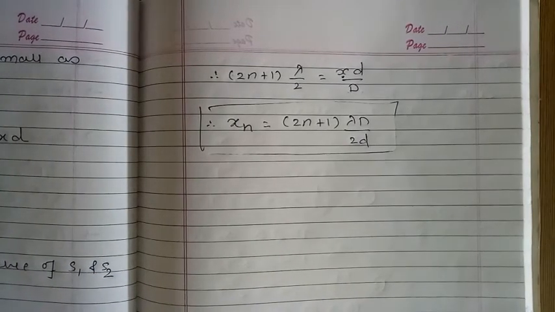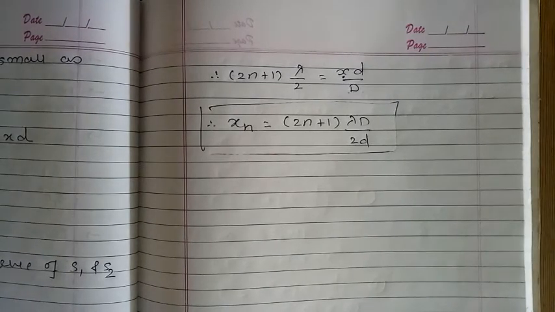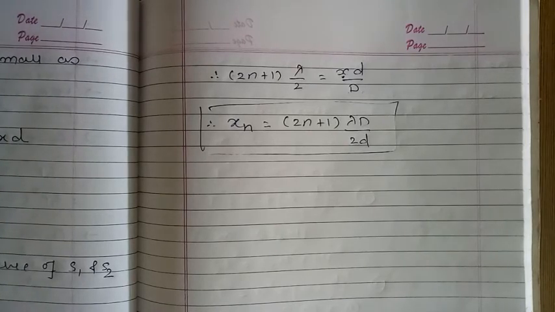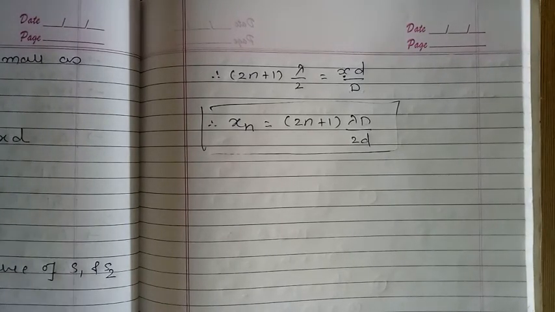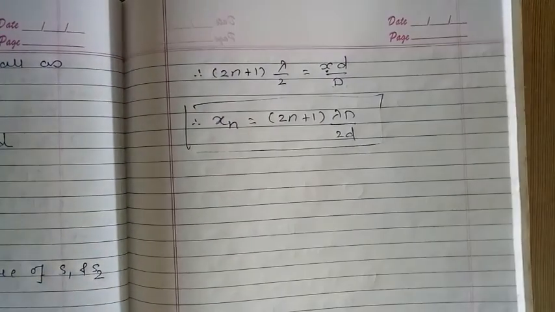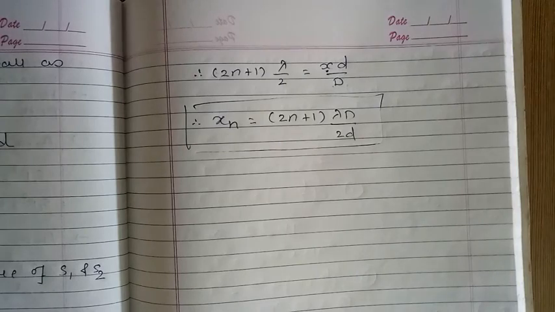And for destructive interference, xn is equal to (2n plus 1) into lambda capital D upon 2 into small d. So you have to remember these formulas. These formulas are useful in the examples. Okay, thank you.